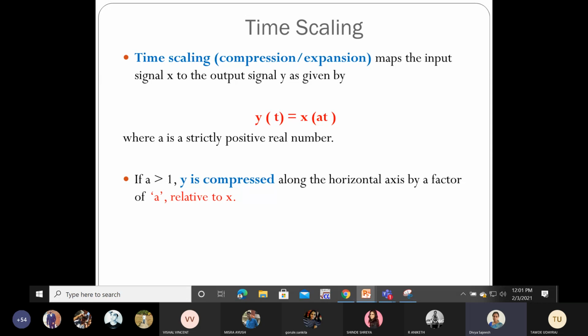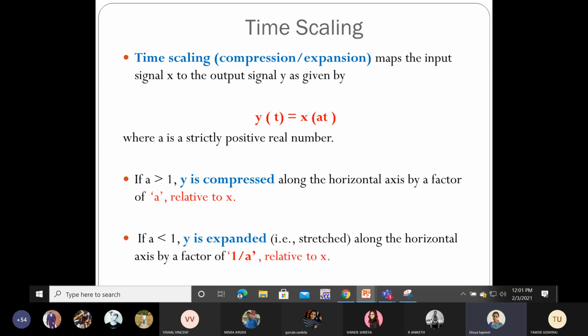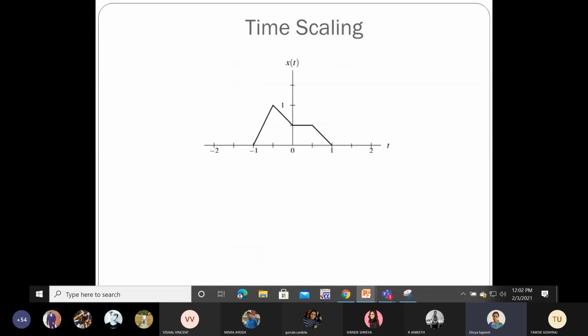And if a is less than 1, then y is expanded along the horizontal axis by a factor of 1 upon a. So if a is greater than 1, the signal will be compressed, and if a is less than 1, the signal will be expanded. Let us see an example of that.